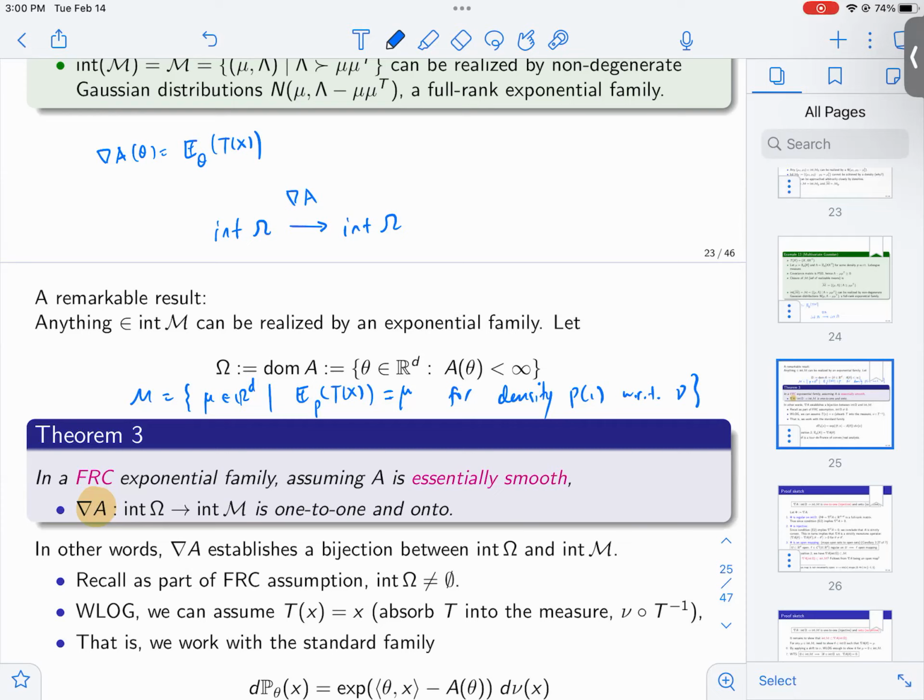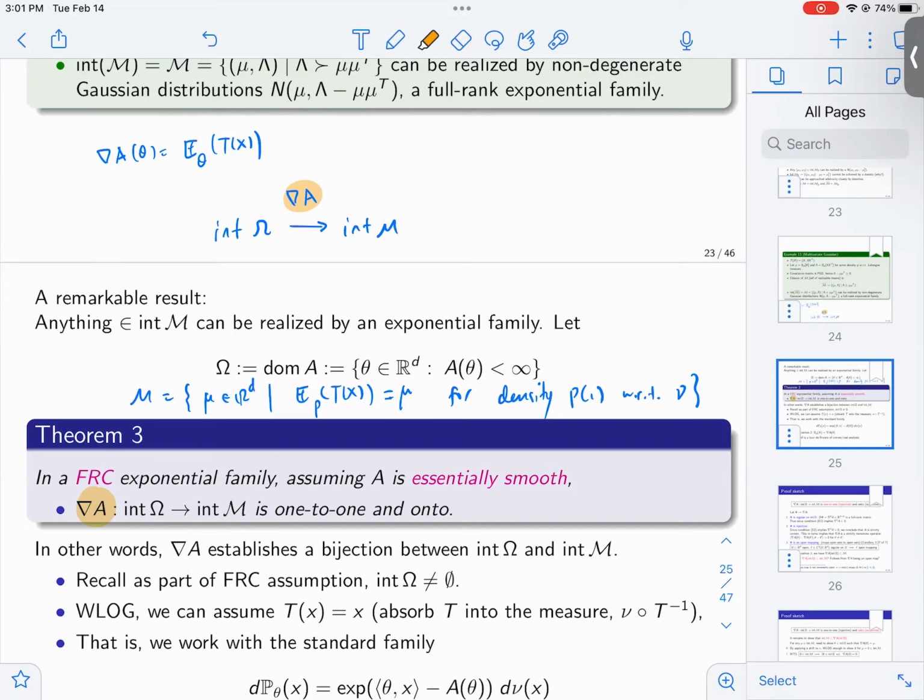The onto part says that basically anything in the realizable means can be achieved by some theta. So there is some theta such that the expectation of T of X for that theta gives me that particular vector of means, the interior of M here. This mapping has to be the gradient of A, because we have shown it gives you the mean of T of X.